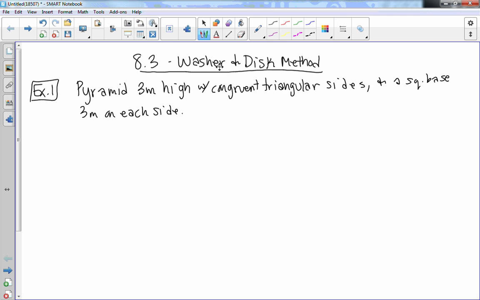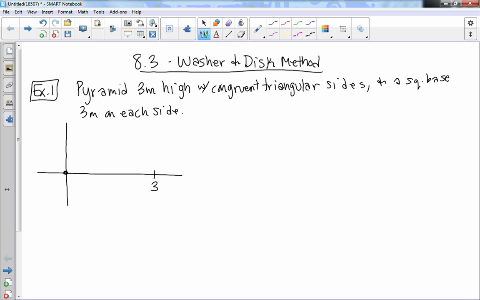Okay, we're going to find the volume of the pyramid. So this is on an axis. And the pyramid is 3 meters high, so I'm going to do it from 0 to 3. That's going to be the height. And each square has a base of 3 meters on each side.